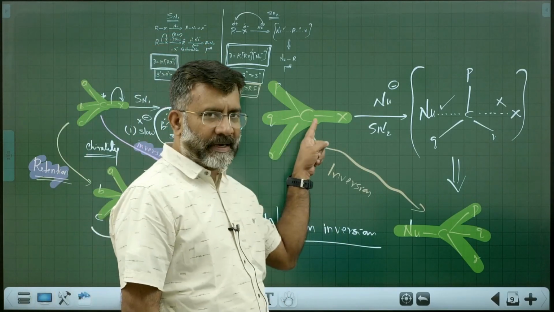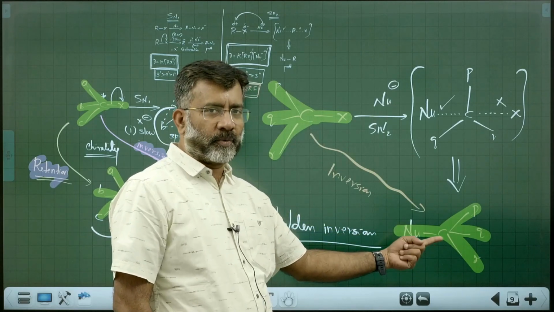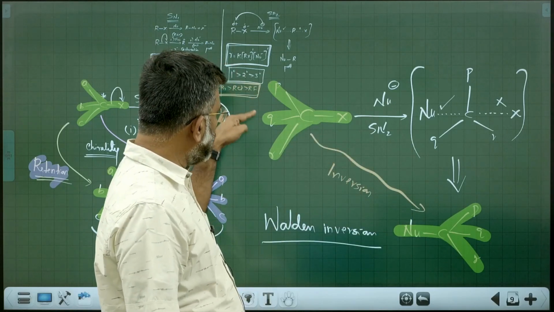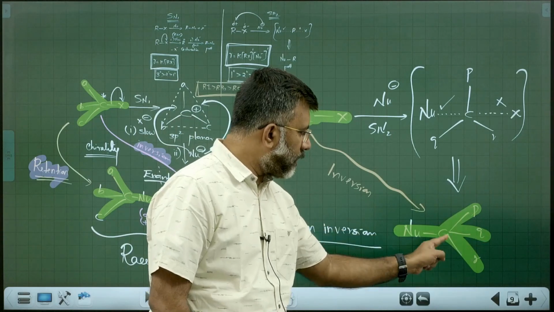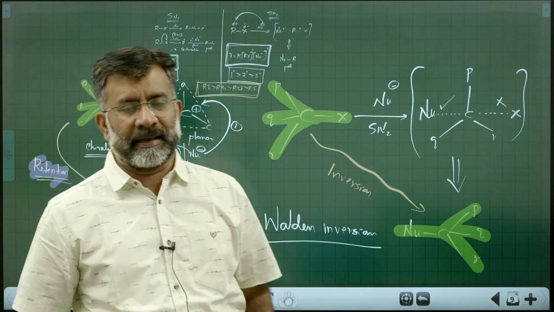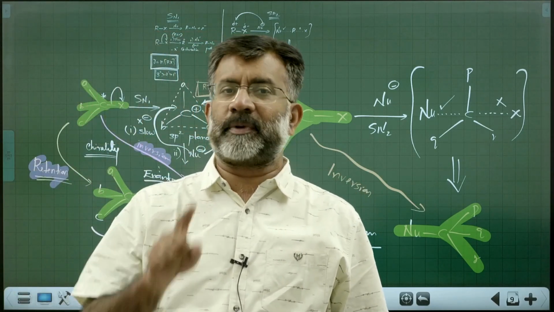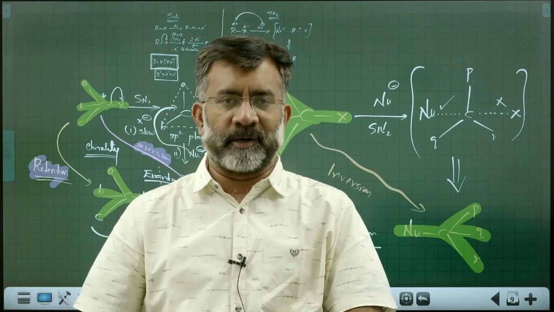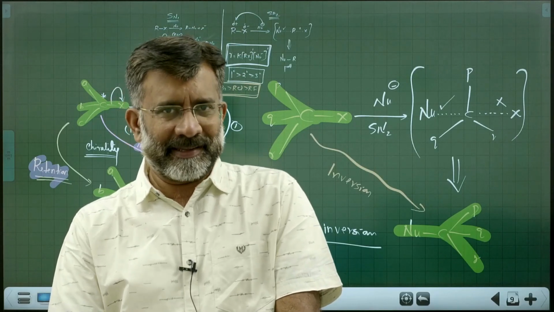If this is given as dextro, the other can be levo or dextro, because these two molecules are different: this is PQR carbon X, and this is PQR carbon Nu. Their configuration is opposite, but the optical rotation may become opposite or remain the same, depending on the molecule. Hope you get the picture.